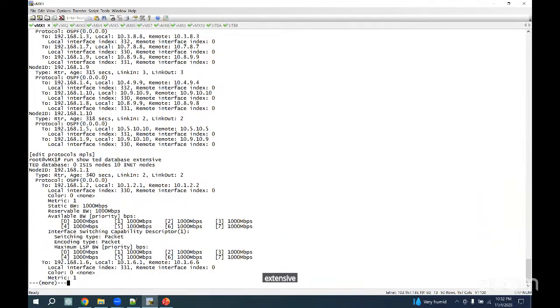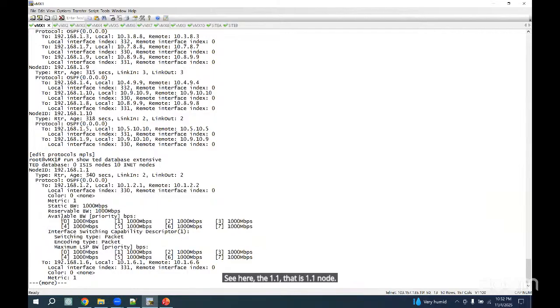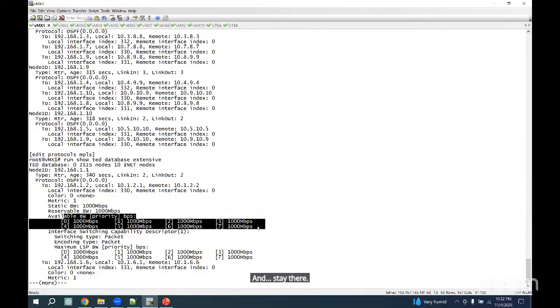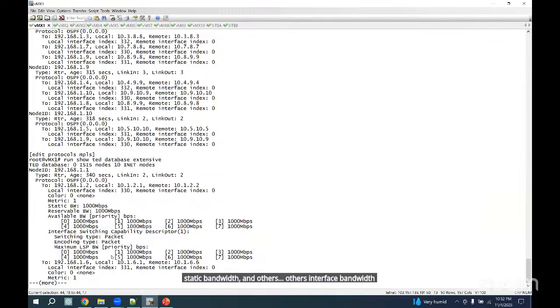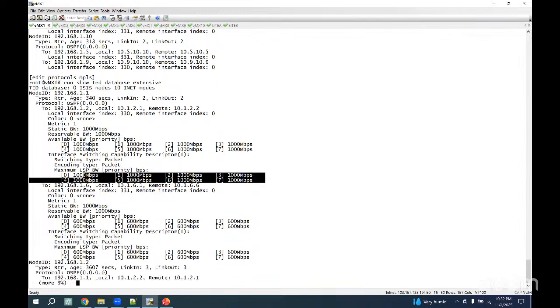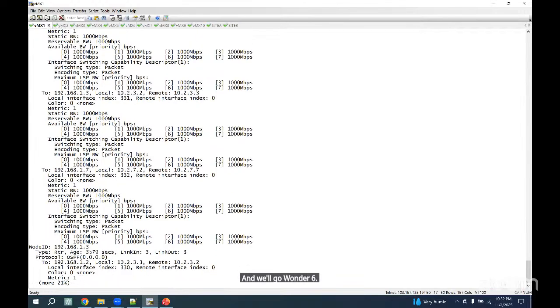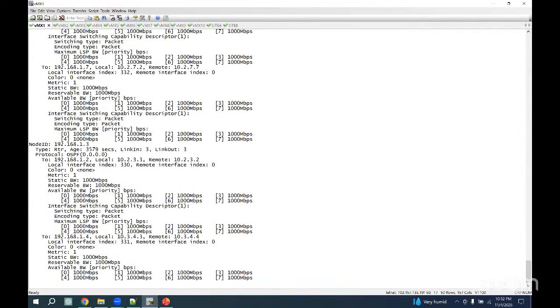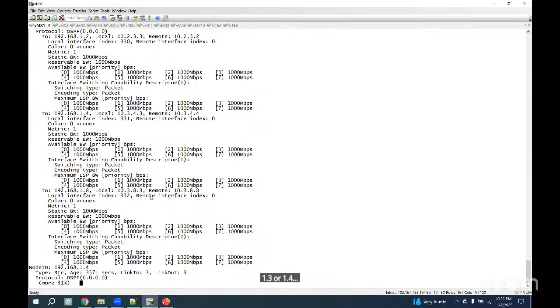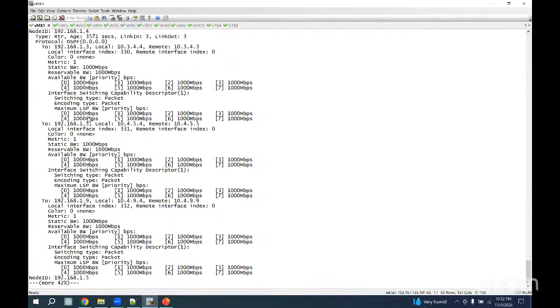See here the 1.1 node, and see the bandwidth calculation, static bandwidth, and other interface bandwidth information, maximum LSP bandwidth, and so on.